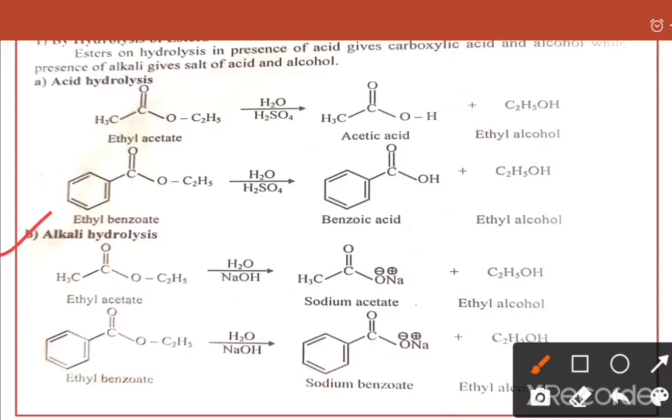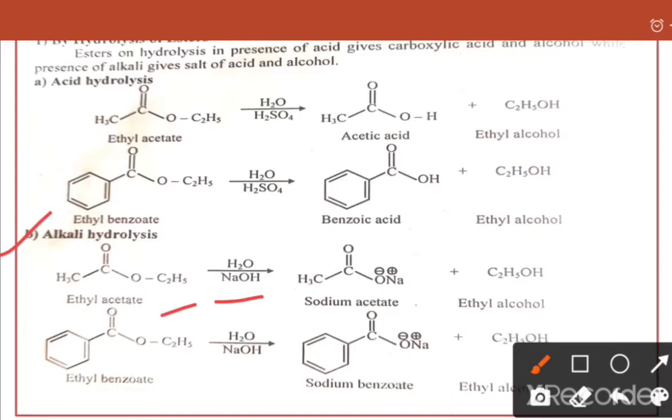In case of alkali hydrolysis, if we take again ethyl acetate, this is its structure. Ethyl acetate on treatment with H2O in presence of NaOH, and here again H2O attacks, and instead of carboxylic acid there is formation of salt. That means H2O in presence of NaOH, we get sodium acetate.